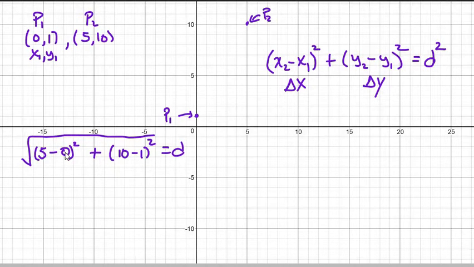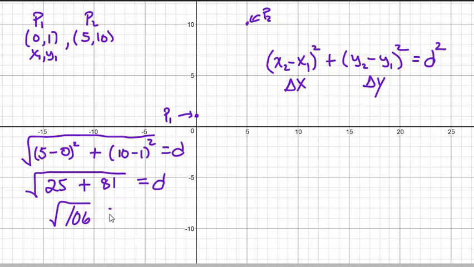So 5 minus 0 is 5, and 5 squared is 25. 10 minus 1 is 9, 9 squared is 81. And we square root it. So we have 25 plus 81. And what does that give us? 106.